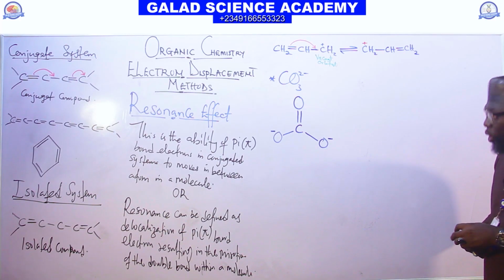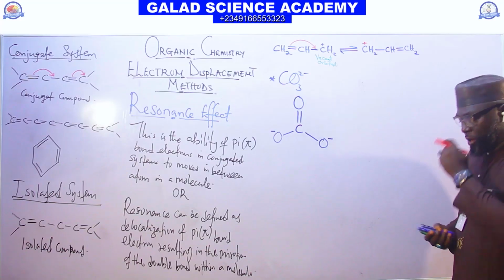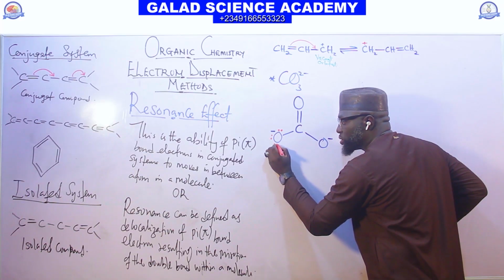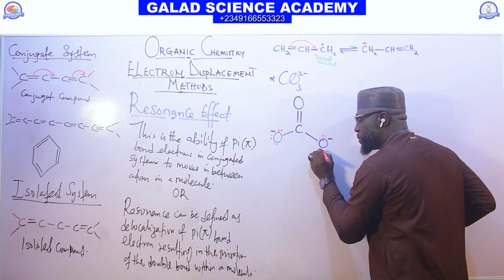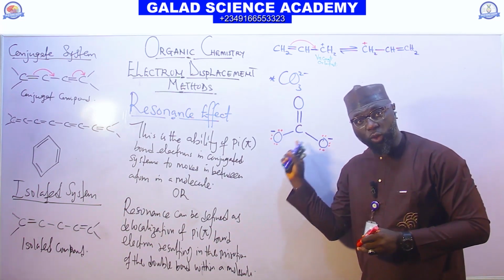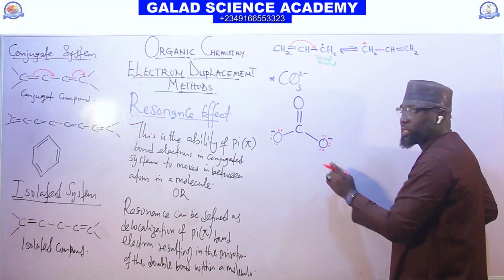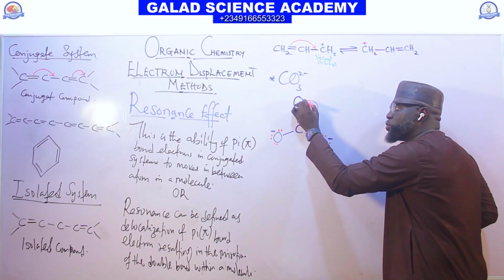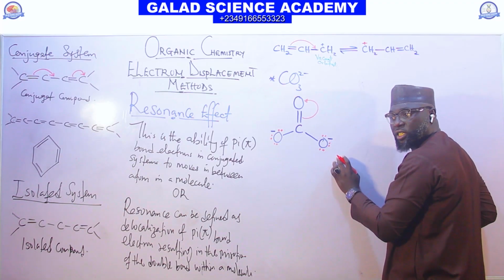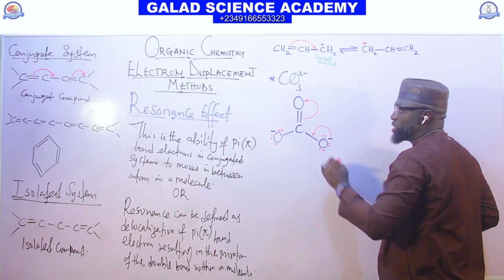When this wants to undergo resonance, you can see we have a double bond and single bonds. Don't forget, in this oxygen we have 6 lone pair electrons, with the single bond. If this takes the resonance for this structure, the pi bond here will move to this oxygen. When the pi bond moves to this oxygen, automatically the negative sign here will come to this.